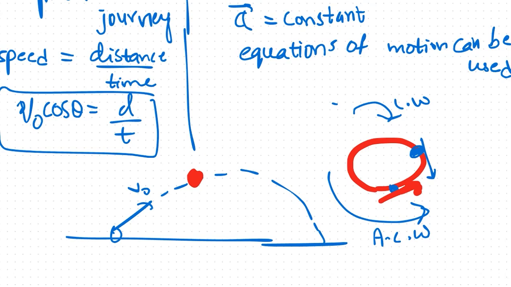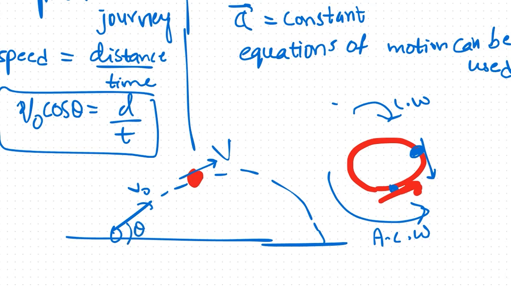Not the x component, the y component. The full velocity will be along the tangential direction. Draw the tangent here. So obviously the speed changes, correct? So let's say the speed here is v.